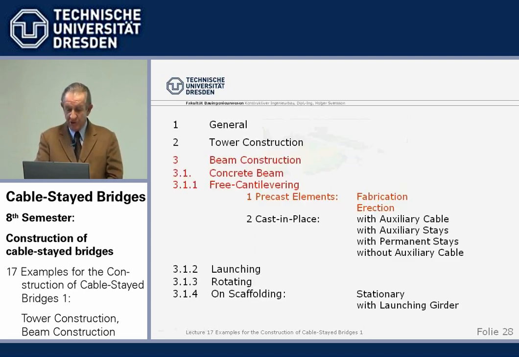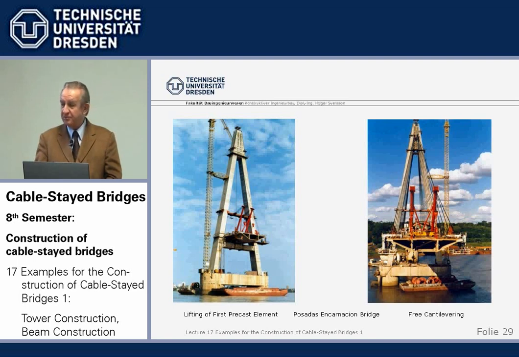Again, we go on with precast elements, a little bit different here. Example, we use the Posadas Encarnacion Bridge across the Paraná in Argentina. Basically the same system. We have an A-tower, we have precast elements, we have derricks on the deck, tied back to unload the beam to an auxiliary strut.